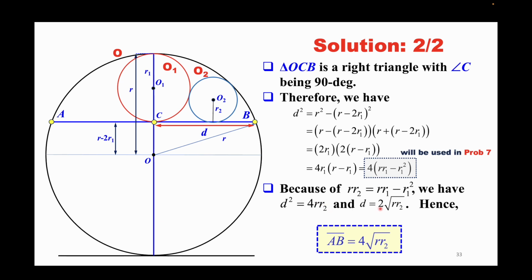Taking square root, of course, we will get D equals 2 times the square root of R times R2. So the chord length AB is twice of D, which is this. Notice here, this relation will be used again in problem 7, the last problem in this lecture.